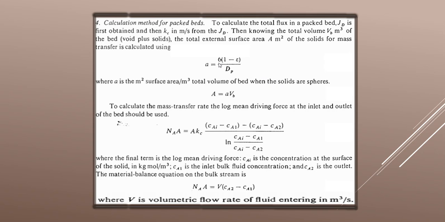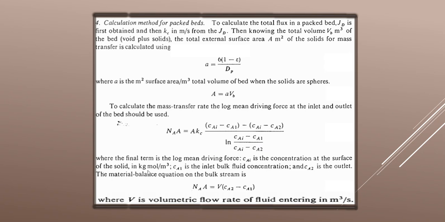So this is the formula: 6 times the quantity 1 minus epsilon over the diameter of the particle. To calculate the mass transfer rate, and that's the flux, the log mean driving force at the inlet and the outlet of the bed should be used. And the driving force, of course, we know is the difference in concentration. So the log mean of that is actually the log mean driving force at the inlet and the outlet.